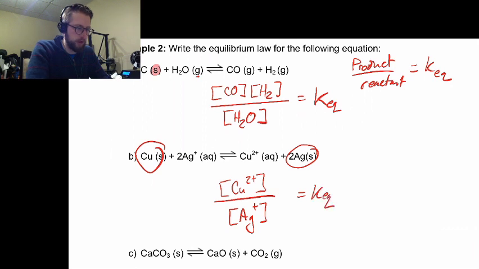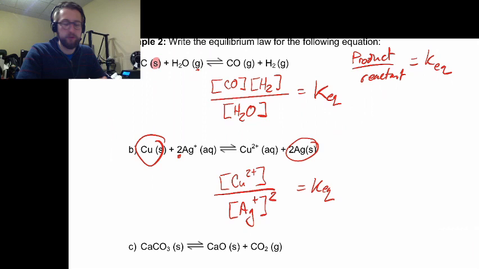Now notice that I need to include this too, so I'm going to include that as an exponent. So for this last one here, for B, Keq is going to represent the ratio between copper ions and silver ions in a solution that has reached equilibrium that has copper and silver.